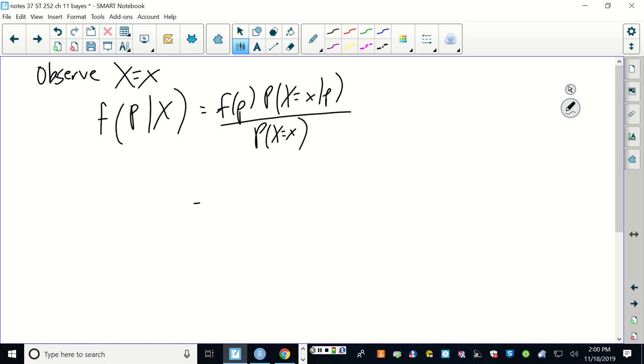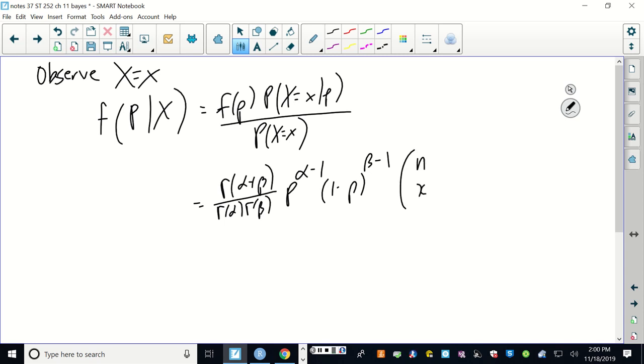In the numerator, we'll have gamma alpha plus beta over gamma alpha, gamma beta, p to the alpha minus 1, 1 minus p to the beta minus 1. And then you get this n choose x from the binomial, choosing x successes out of n. There's a p to the x, 1 minus p to the n minus x. That's all in the numerator.